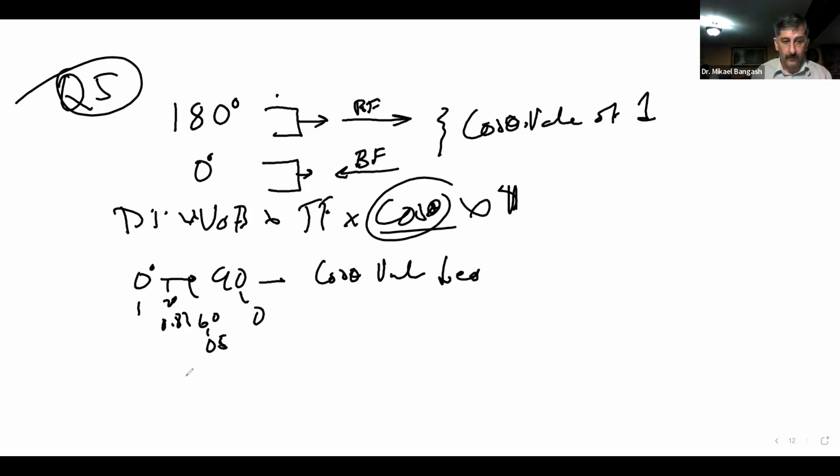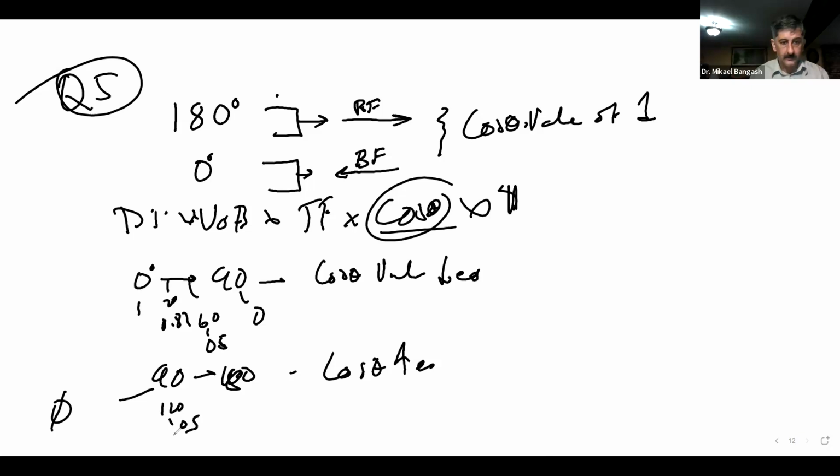Whereas when we go from, let's say, 90 to 180, what we mainly see is that the cosine theta value of the angle increases. Because at 90 it was 0. But then at 120, that's where we had 0.5. Clear?